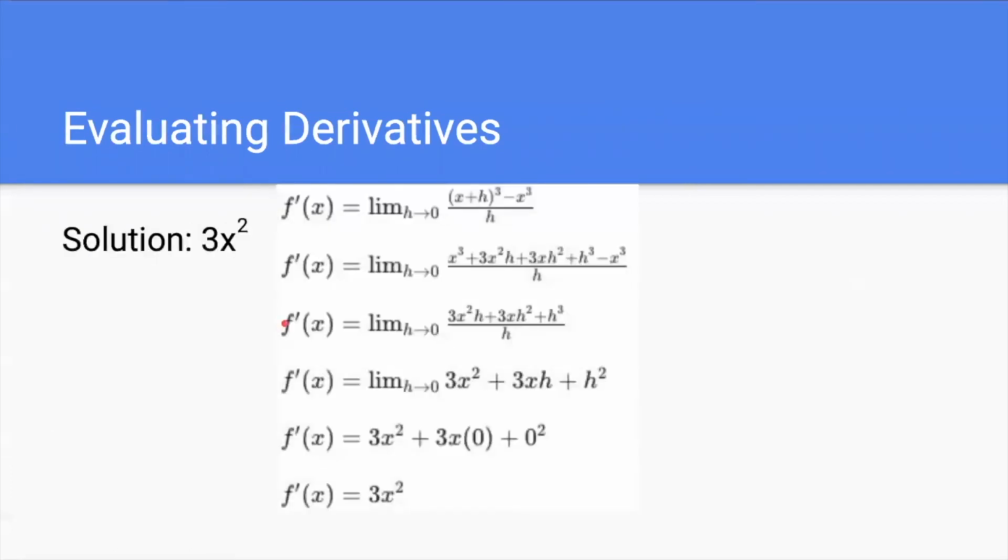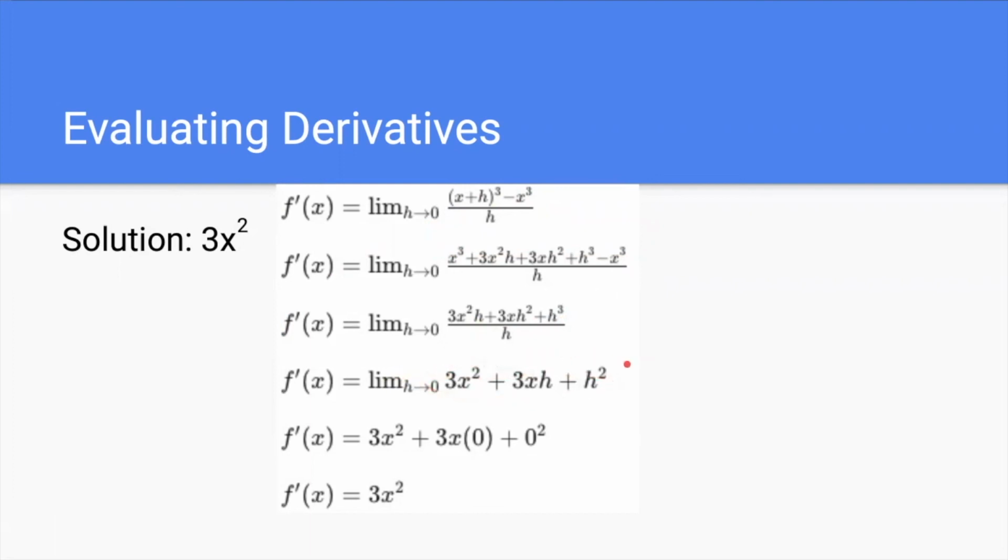All right, so the answer is you first determine f(x) and f(x+h). You already know that f(x) equals x³, and f(x+h) is just equal to (x+h)³. And then you just simplify, you'll get to this eventually.